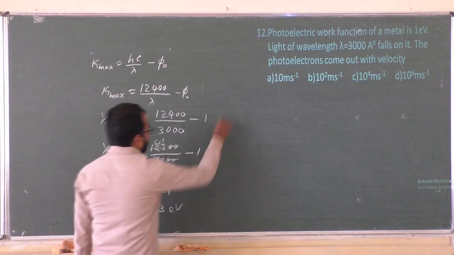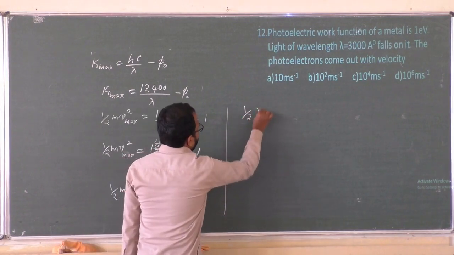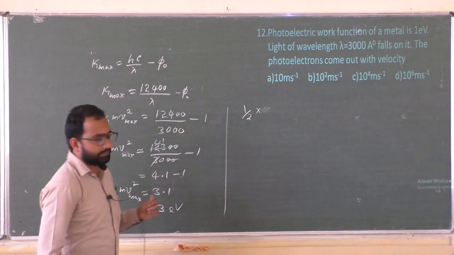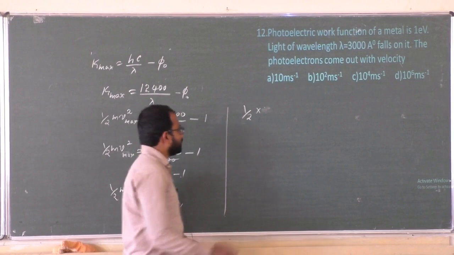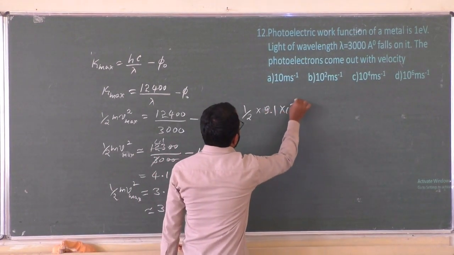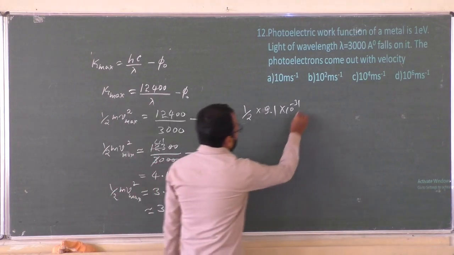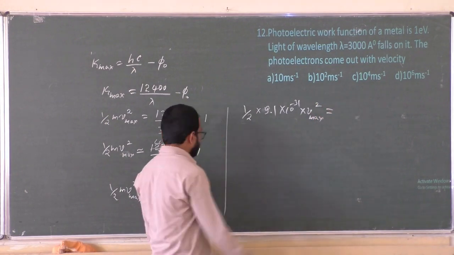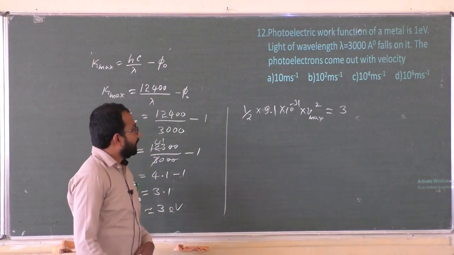So now we have to find out V maximum. So half into m, the mass of the electron, right? So mass of the electron is 9.1 into 10 to the power of minus 31, into V maximum square, that is equal to 3 electron volt.